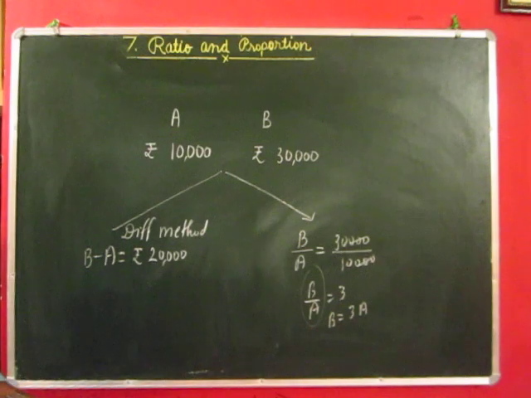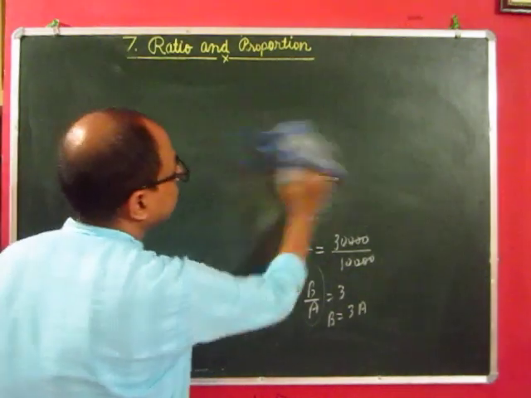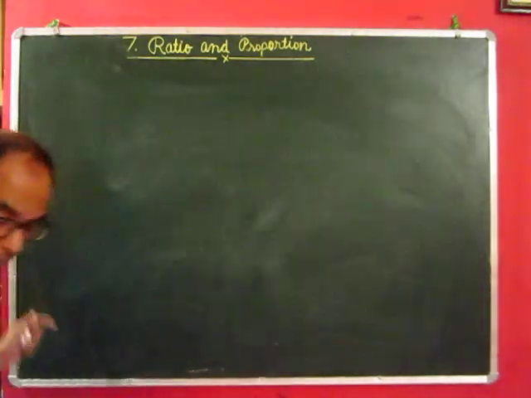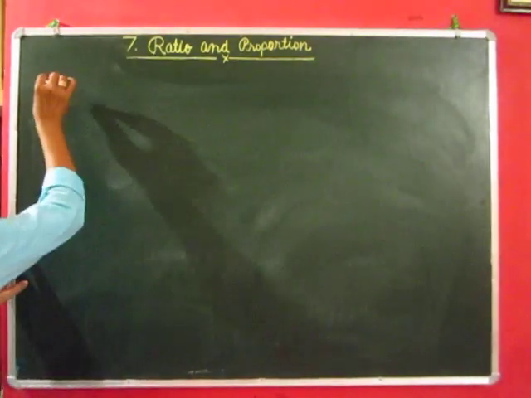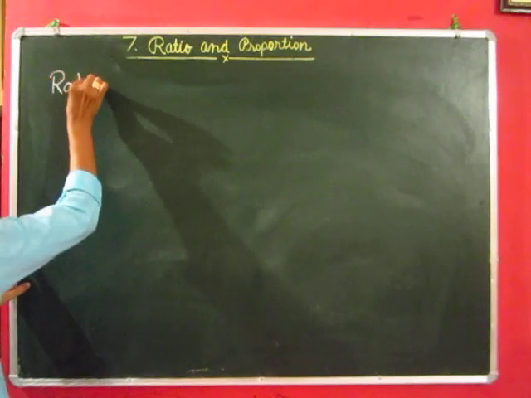So let us write the definition of ratio. Now we are able to define the ratio. So definition of ratio. What is ratio?